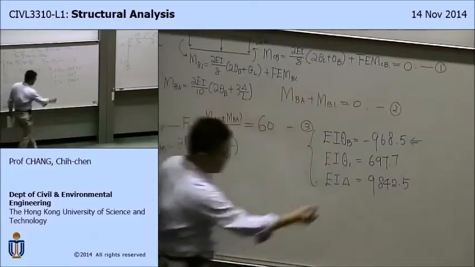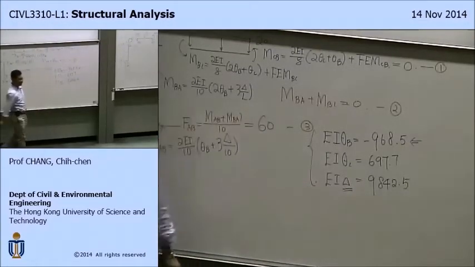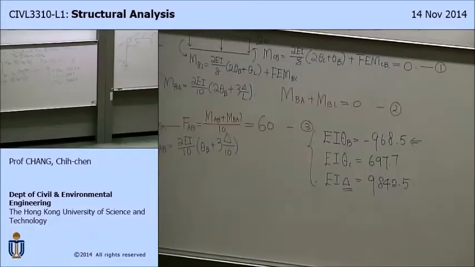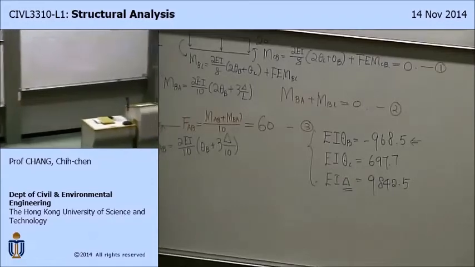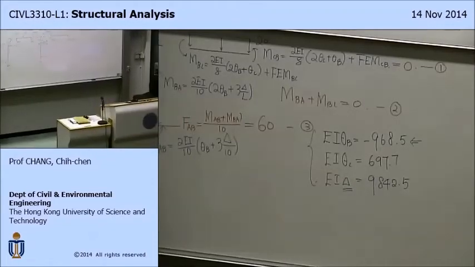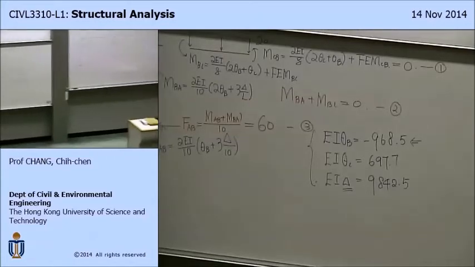And delta is positive, which means that it's going along the direction that you assume. If you obtain delta which is negative, that means that it's going against your direction. But it's positive, so it's along the direction that you assume. So this is a correct deformation shape for the structure.